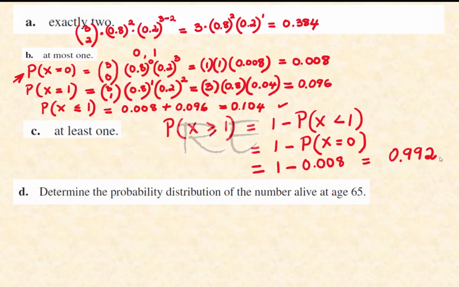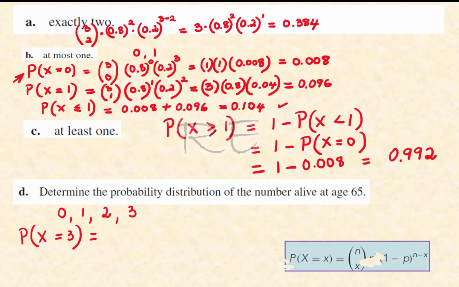Determine the probability distribution of the number alive at 65. The different possible outcomes are 0, 1, 2, 3, which represent the number of people alive.